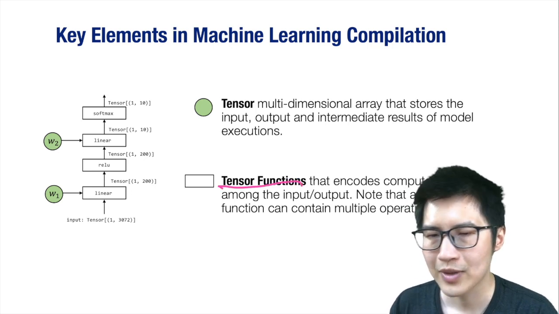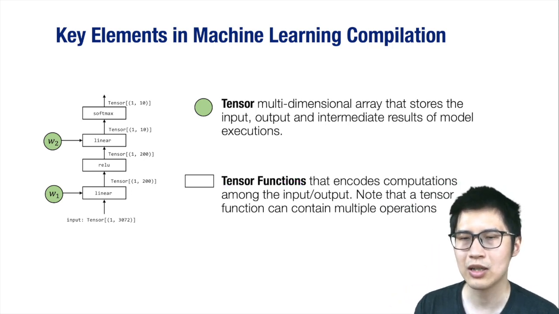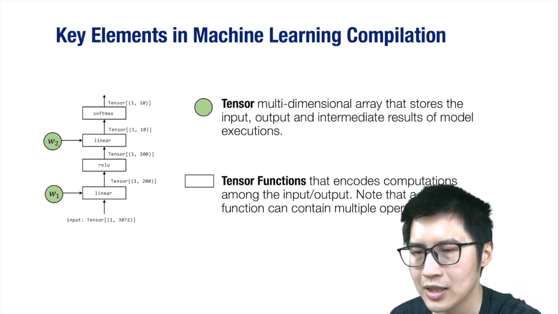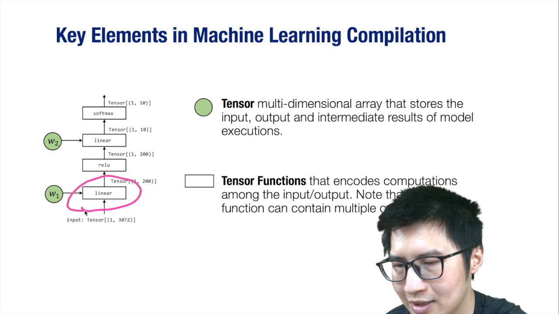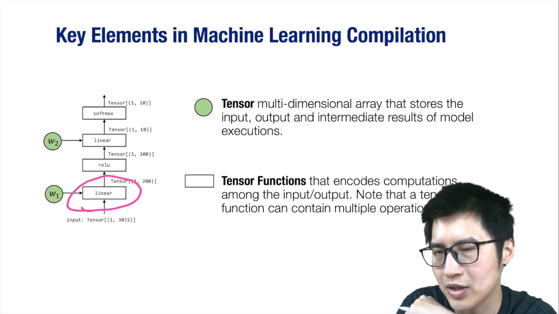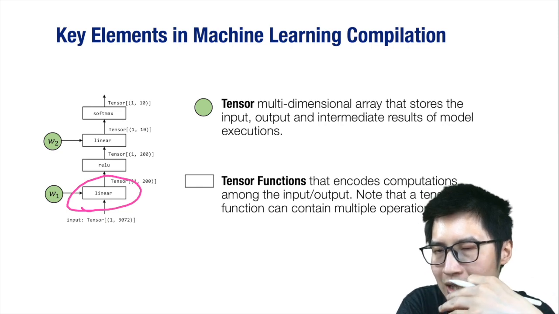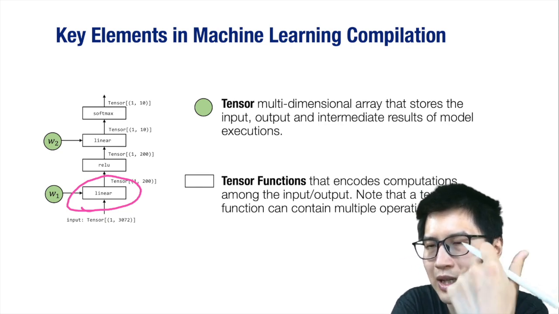In this case, tensor functions are operations that encode the computation among those inputs and outputs. For example, in this particular case, this linear is a tensor function that helps us take in an input and do a linear projection.